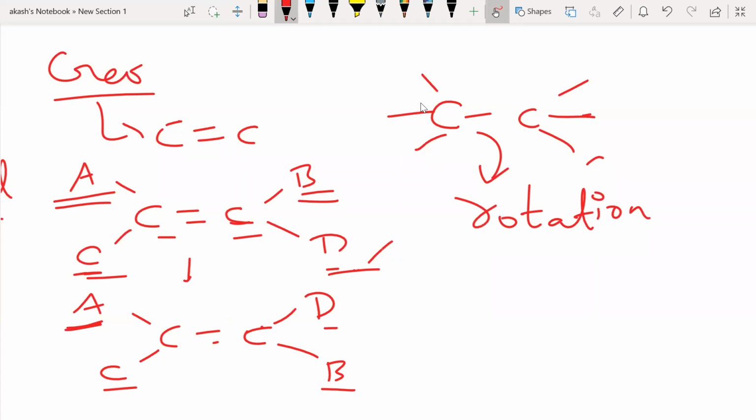If you ask me what kind of rotation it's going to undergo, it's pretty simple. In this bond, I have 2 electrons shared. Say this carbon atom will undergo clockwise rotation, and this carbon atom will undergo an anti-clockwise rotation. I think I have to switch on my video and show you. One second.